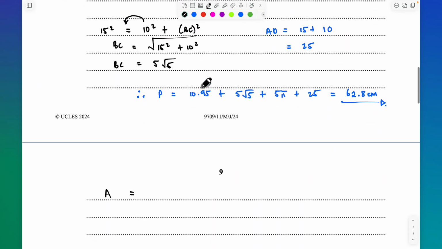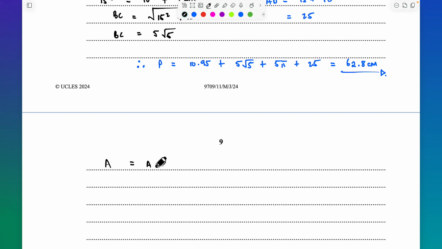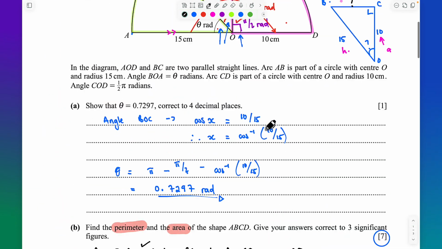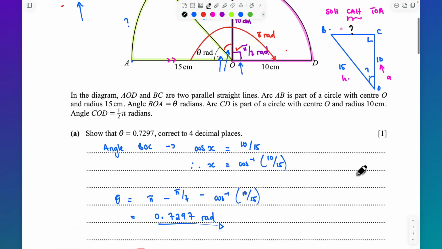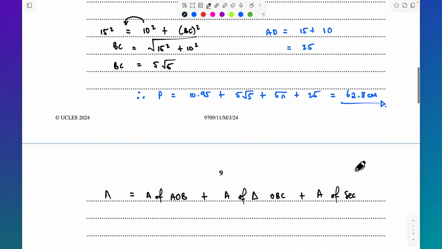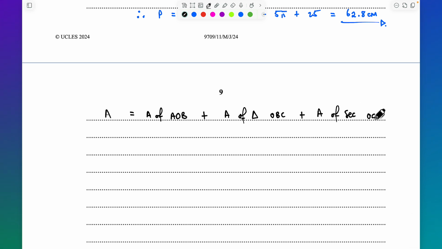So we can find the area of sector AOB plus the area of triangle OBC, or BOC, and then plus the area of sector OCD. All right. Again, we're going to work those out individually and then add up all the answers at the end. So the area of the sector AOB.